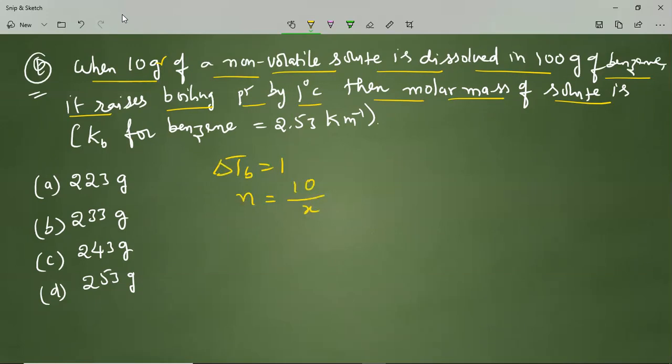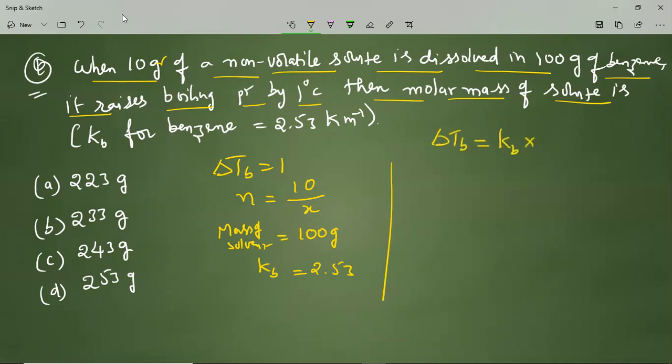And from the problem we know the weight of solvent, or mass of solvent. The mass of solvent benzene is how much? 100 grams. And the Kb value given in the problem is 2.53. So if you substitute all these things in the formula, delta TB is equal to Kb into number of moles into 1000 by the weight of solvent.